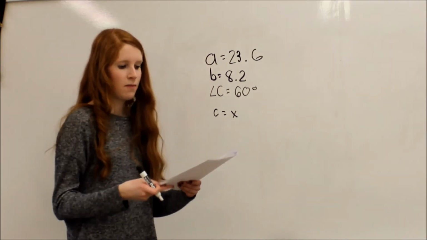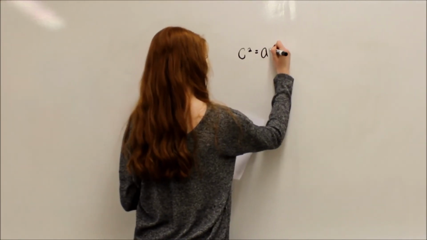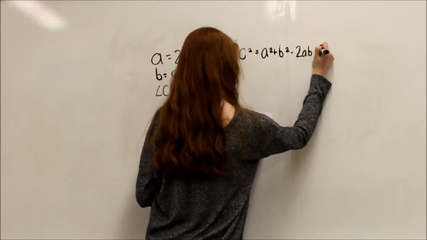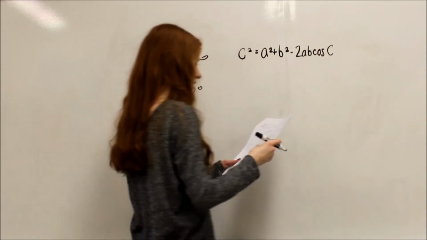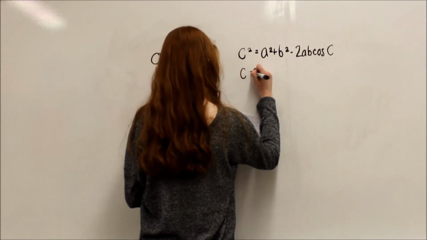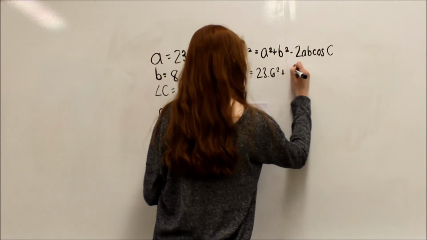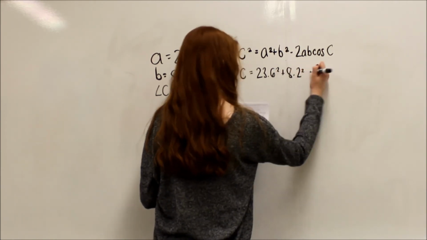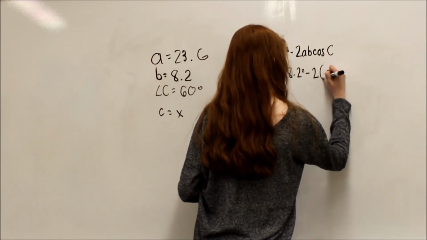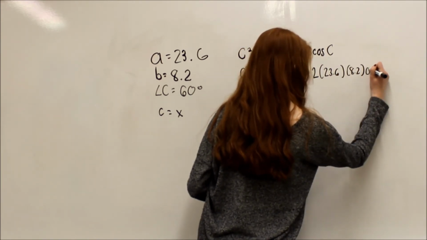So you would use the formula C squared equals A squared plus B squared minus 2AB times the cosine of C. So like before, you just plug in the numbers that we were given. So C squared equals 23.6 squared plus 8.2 squared minus 2 times 23.6 times 8.2 times the cosine of 60.